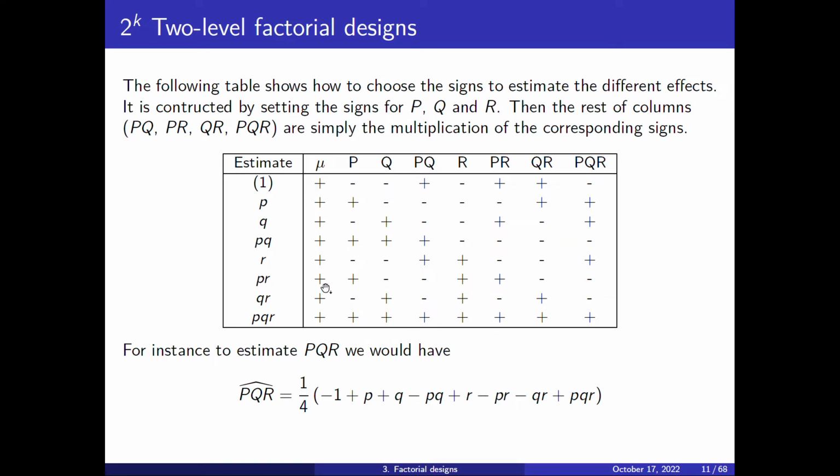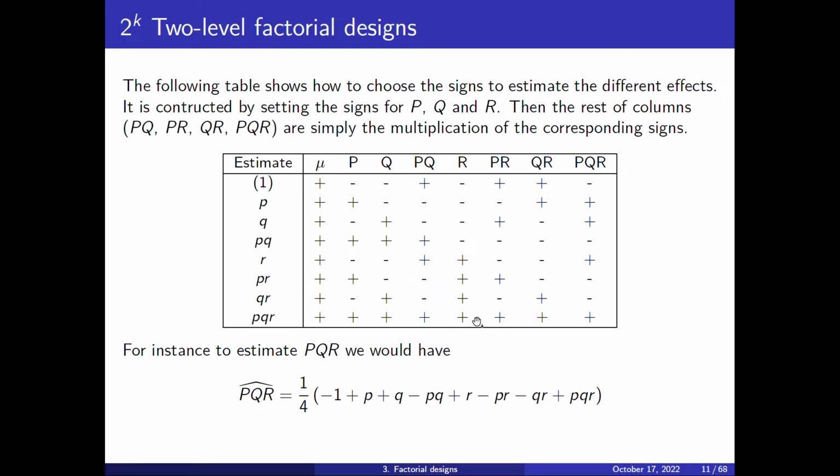They all have an overall mean, and then this doesn't have p, so we put p to minus. It doesn't have q, we put it to minus, and it doesn't have r, so we put it to minus. Actually, if you look at the pattern it is minus plus minus plus minus plus minus plus. This is minus minus plus plus minus minus plus plus, and minus minus minus minus plus plus plus plus.